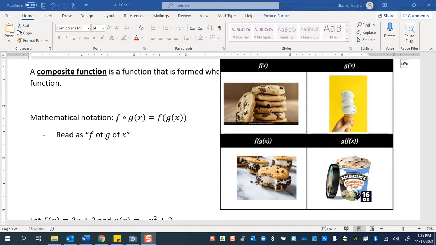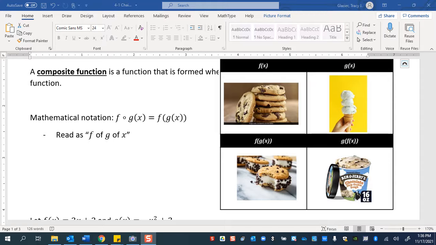So we're going to talk today about composite functions, and I love this picture because this ice cream is my outside, or my parent, and this cookie is my inside. For my f of g of x, the cookie is my outside, and the ice cream is embedded inside.